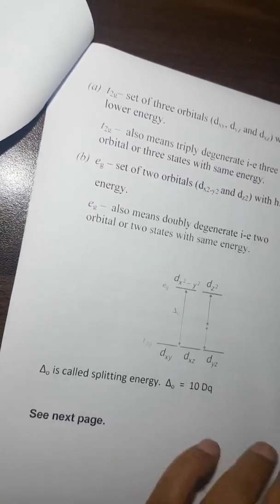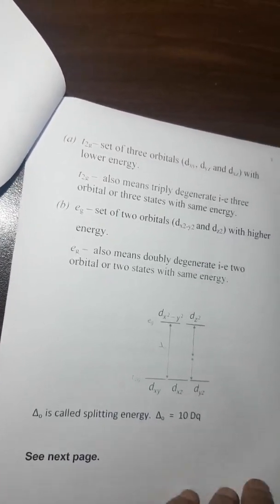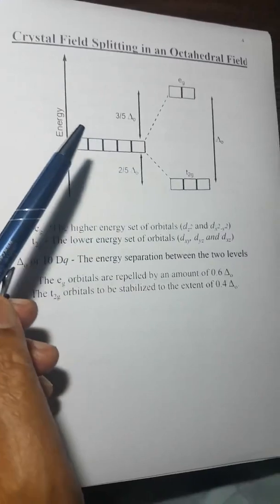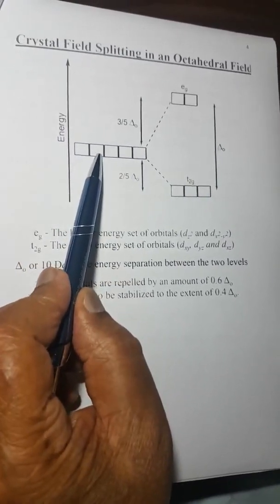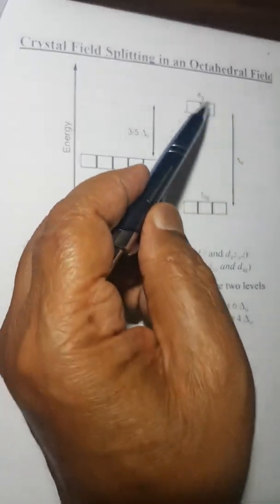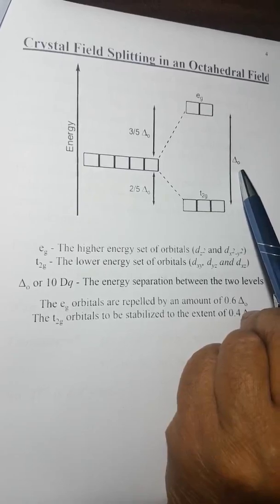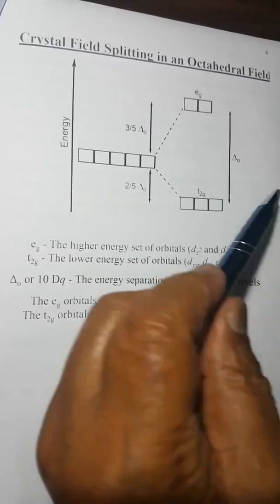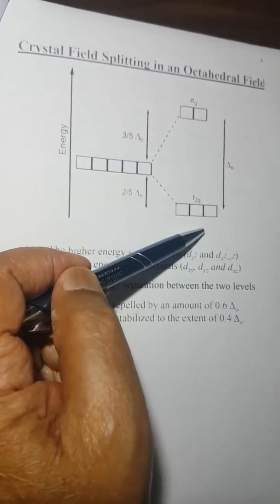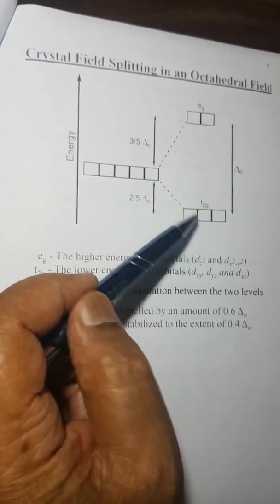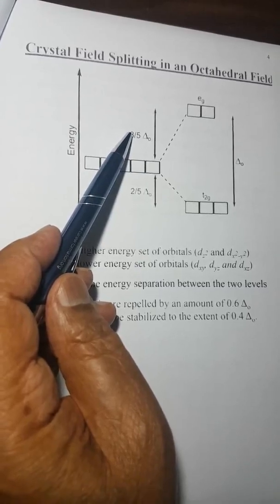Let me go next, and again the same thing is on this page. I'm showing the degenerate d orbitals after interaction with the ligand and metal, the t2g orbitals here. This is the splitting energy, and the division is as follows. The t2g is stabilized and goes down in energy. How much? Out of 5 parts, 2 parts it goes down, and this is 3 parts out of 5.